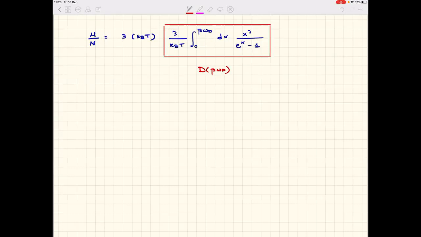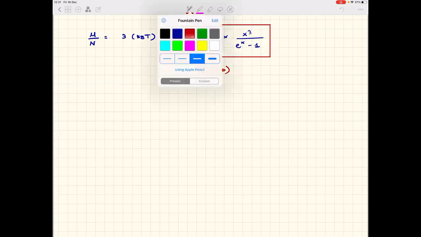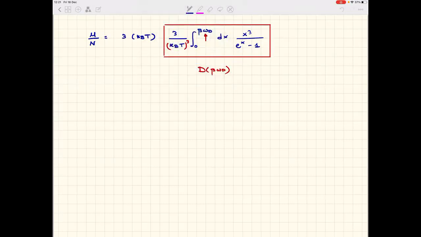Now, this peculiarity, the fact that you have a temperature dependence in here as well, by the way, here there is a cube, I forgot it, is actually what leads to the fact that if you take a derivative of the internal energy with respect to temperature that gives you a specific heat, you will get something that looks like this. Something that grows like T cube and then eventually saturates. So it grows and then saturates.